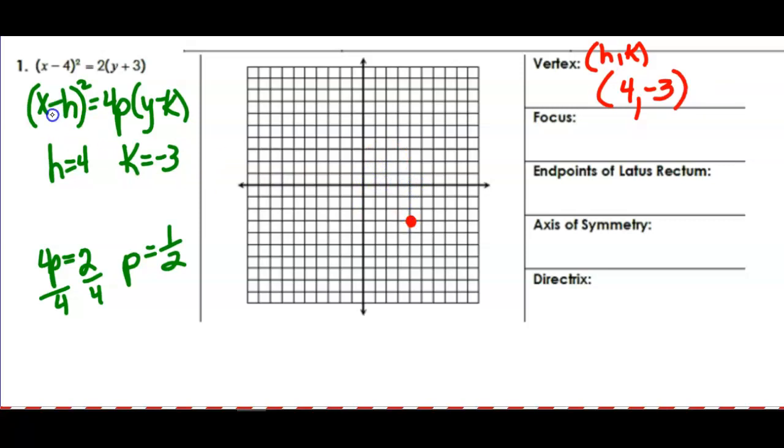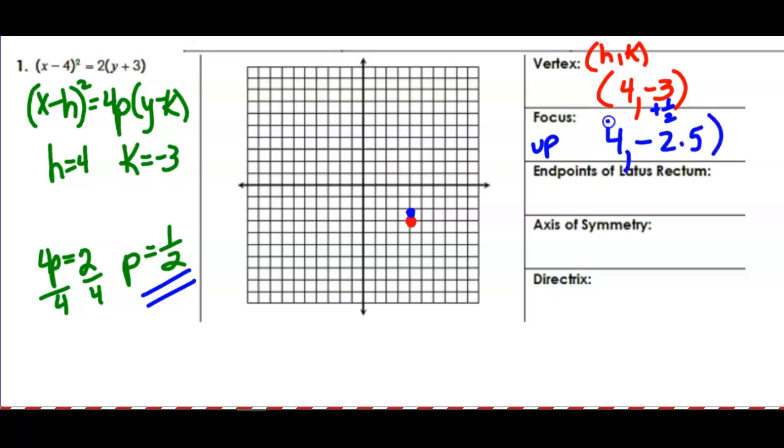This one has an x squared, so it's opening up and down. The focus is 1/2 unit. This was a positive 4p, so it's going to open up, and it's 1/2 a unit up to the focus. So if we go 1/2 a unit up here, it would be (4, -2.5).